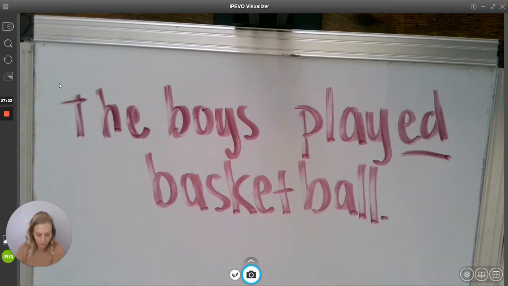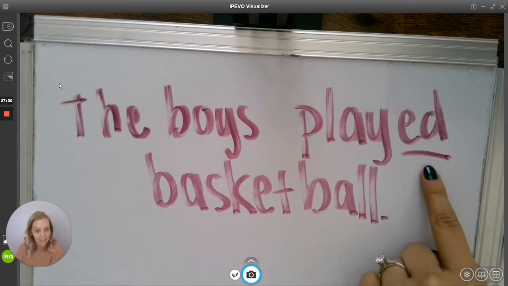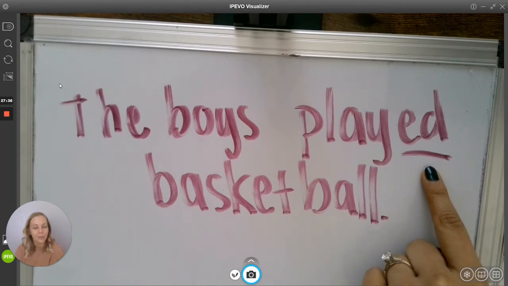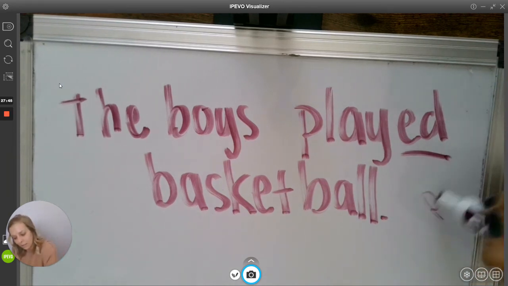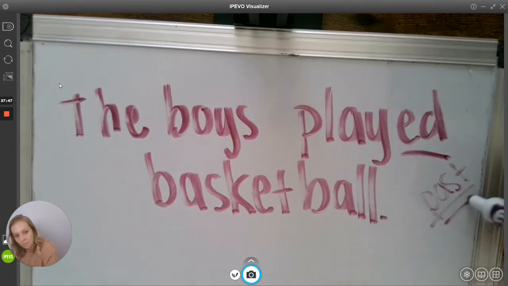What part of the verb tells us if the action happened in the past? The suffix ed, which makes the ed, d, t sound, shows that the action happened in the past. So this always means past.